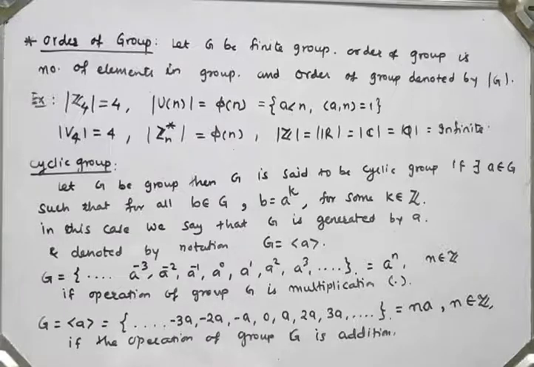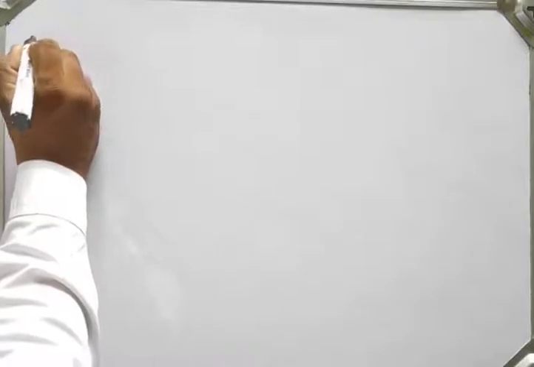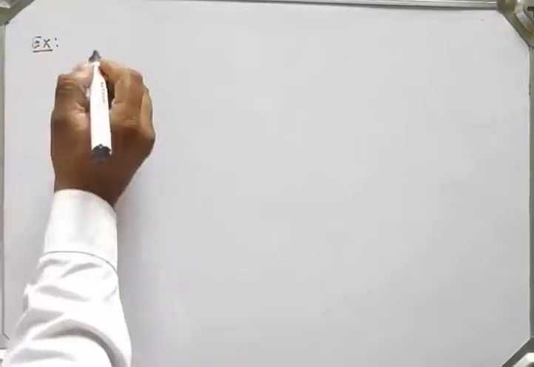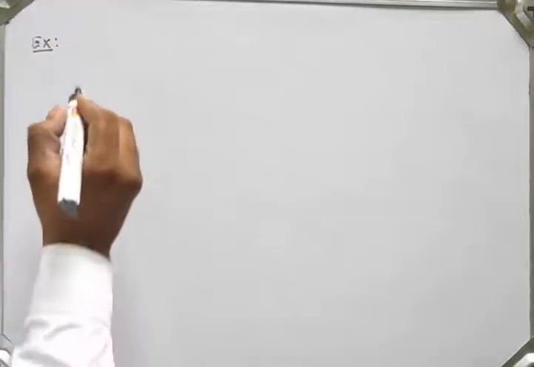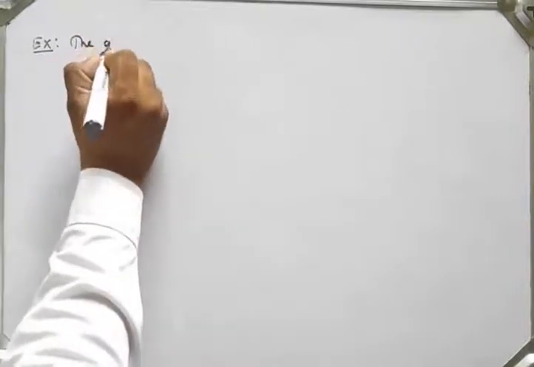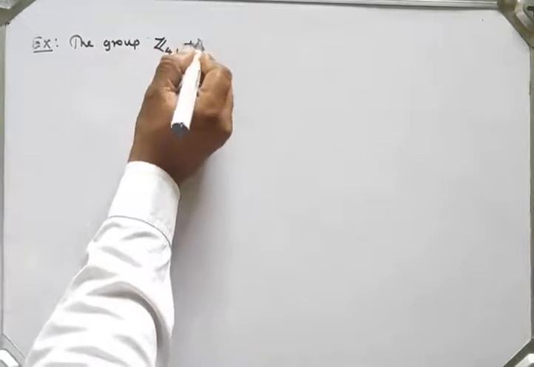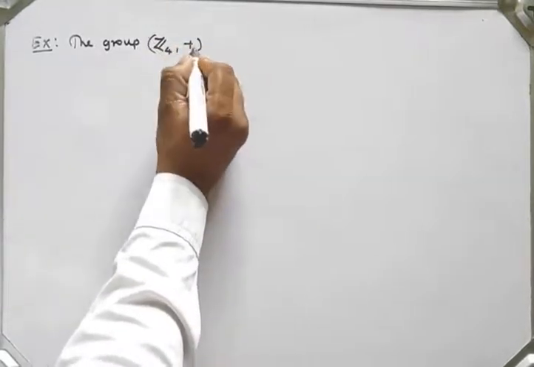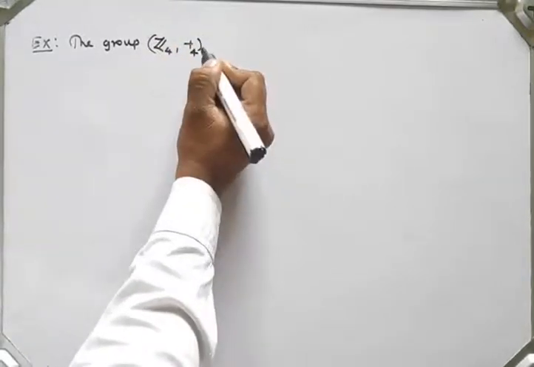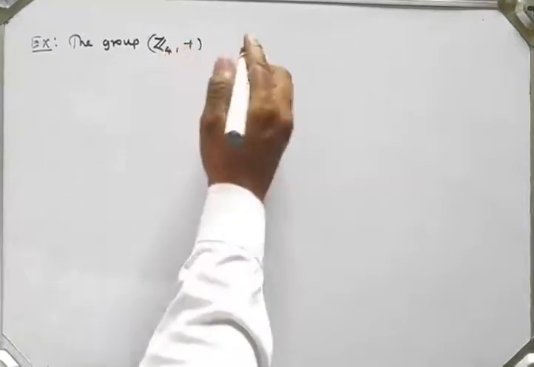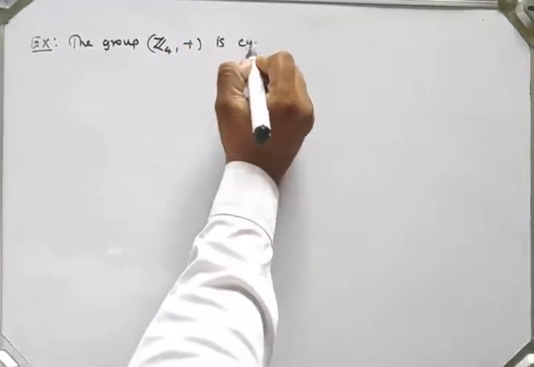For example, take the group Z4 under the binary operation addition; here Z4 means addition modulo 4.